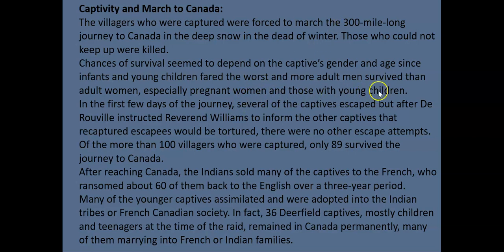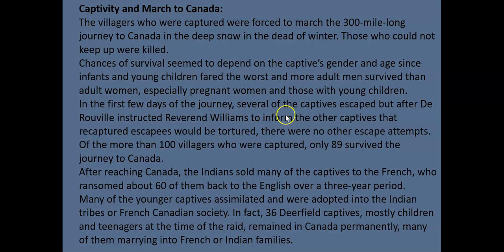And the women who had young children would have been trying to protect their young children, and so they were quickly killed, because it was most important to the Iroquois and the French who made this raid in 1706, I think it was, to travel as quickly as they could to get up to Canada, New France, where there were more French soldiers to allow them to keep their prisoners.